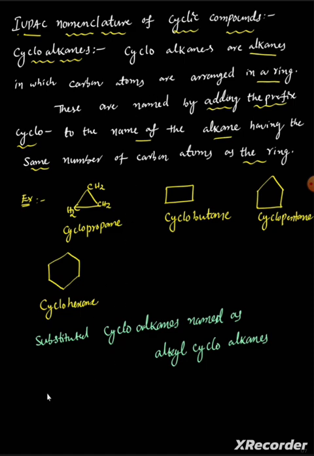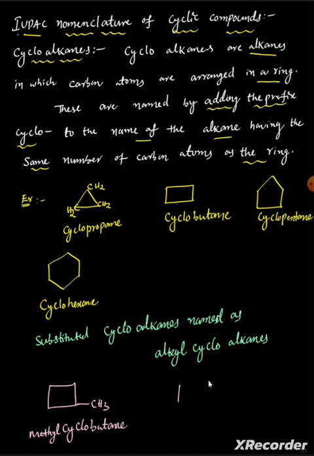Example here: this cyclobutane having a CH3. Substituted cycloalkanes are named as alkyl cycloalkane. Here the alkyl group is methyl, so it is methylcyclobutane.